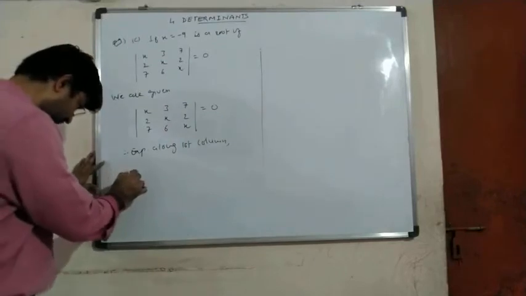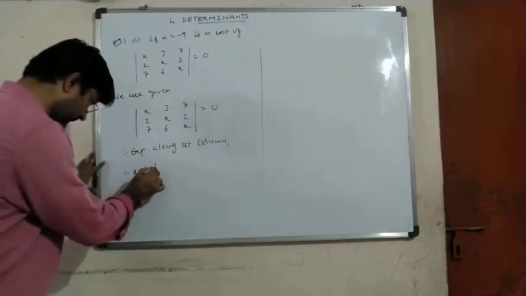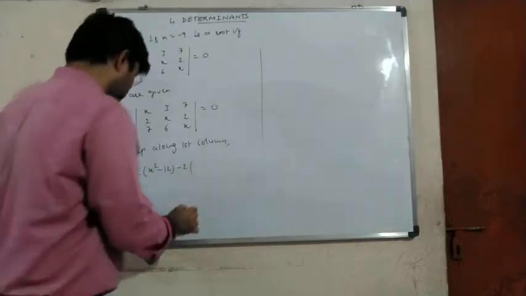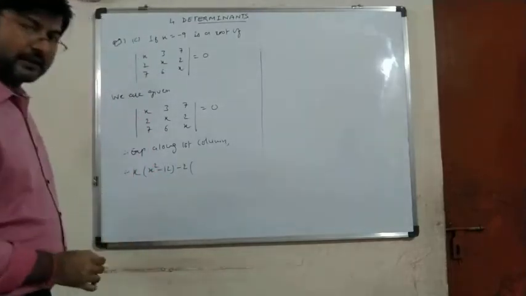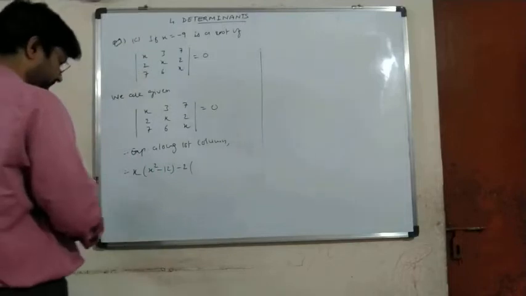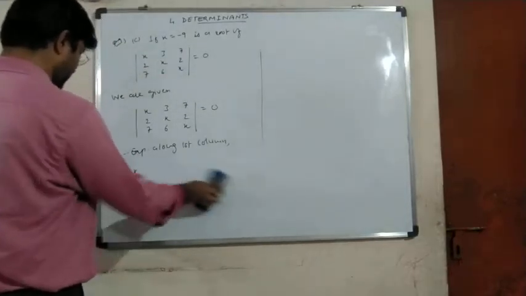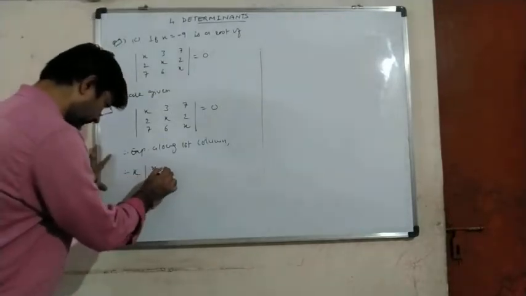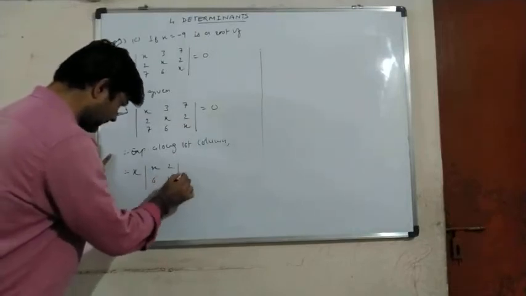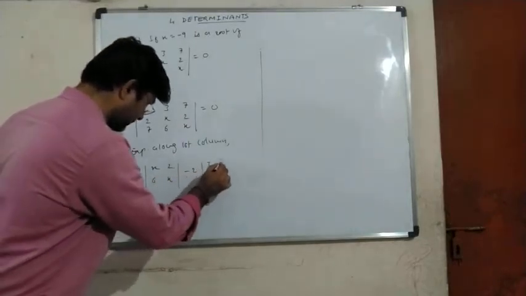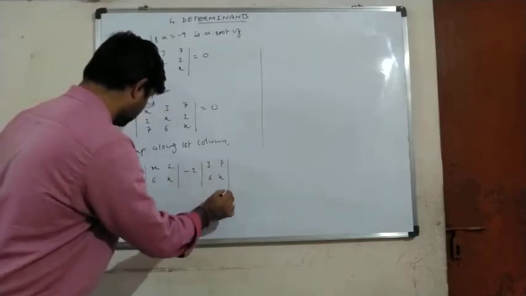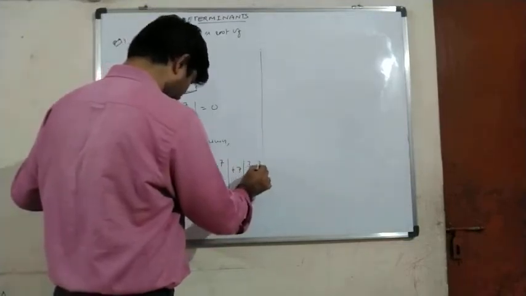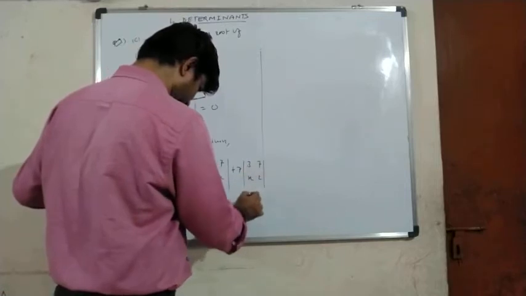Okay, so therefore x into bracket x square minus 12 minus 2 into bracket, I am writing directly over here, or let me show one more step. Okay, x multiplied by the determinant x, 6, x minus 2, 3, 6, 7, 6x. Okay, and 7, 3, 7x and 2 equal to 0.